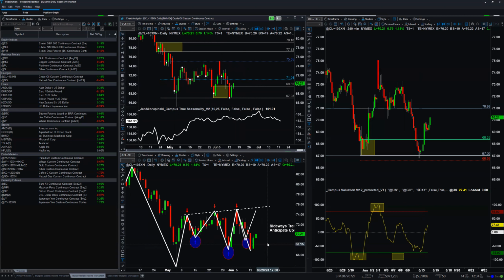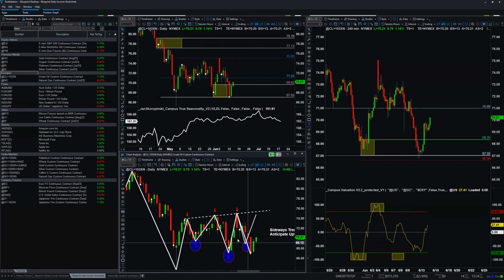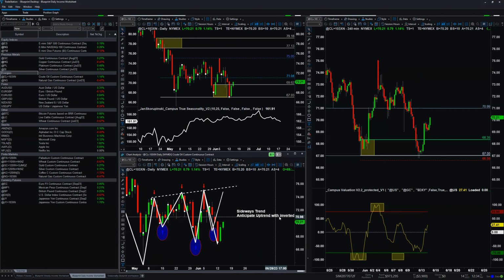We also concluded that there's definitely a sideways trend, but there may be an anticipatory uptrend with an inverted head and shoulders pattern. So these white lines we drew, and we said maybe here is going to be that new higher low that's going to take place.